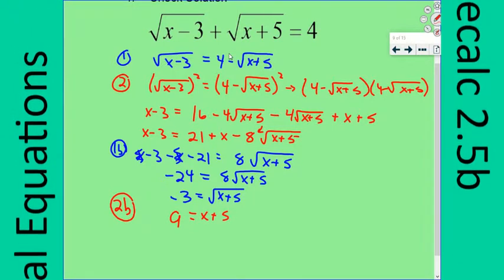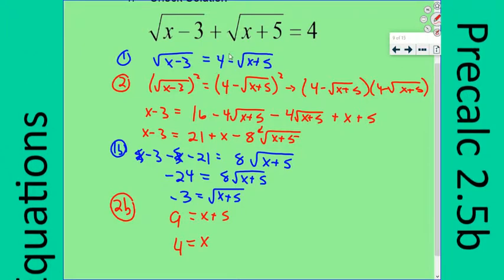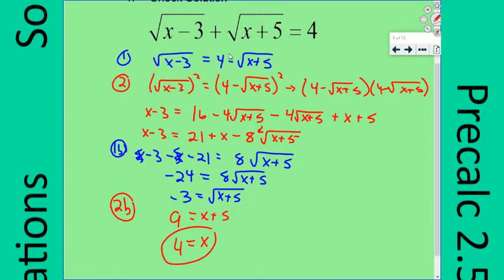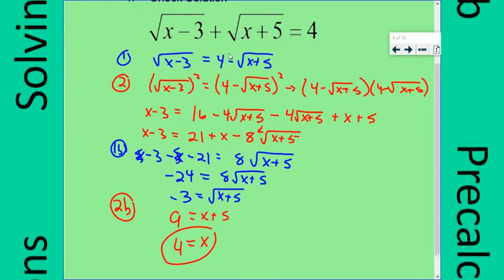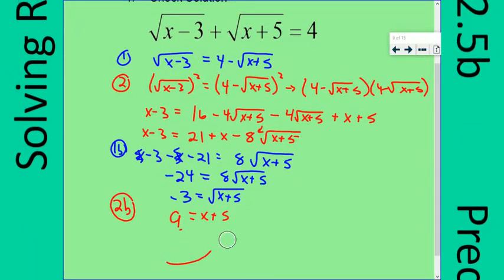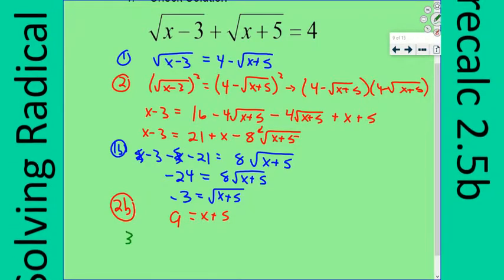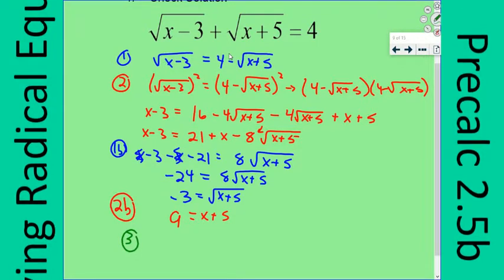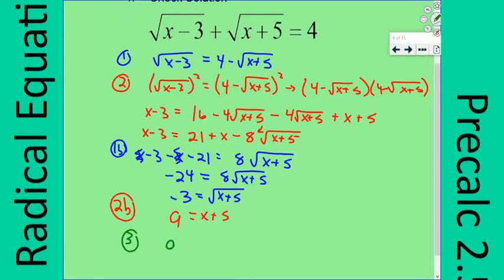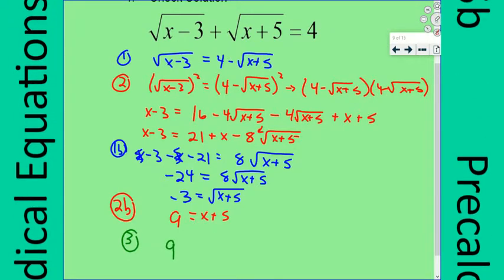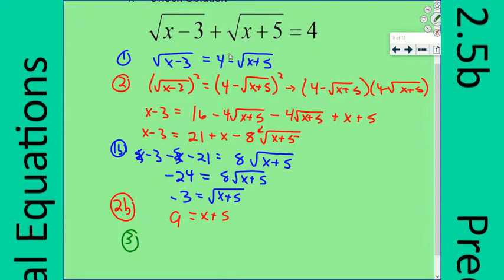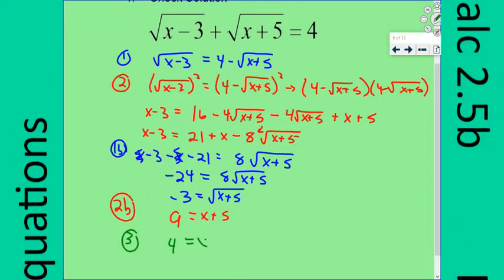Once we have that, whoopsie daisies, that should have been a different step. Step 2b is principle of powers. Step 3, get the variable by itself. Here we go. Subtract 5 from both sides, excuse me, 9 minus 5 gives us 4 equals x.